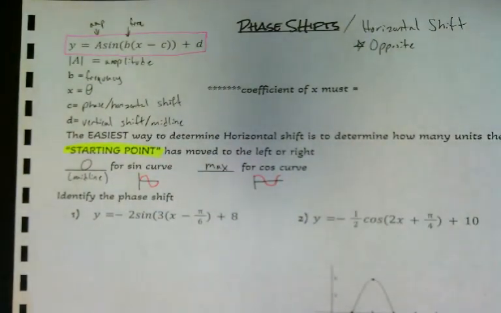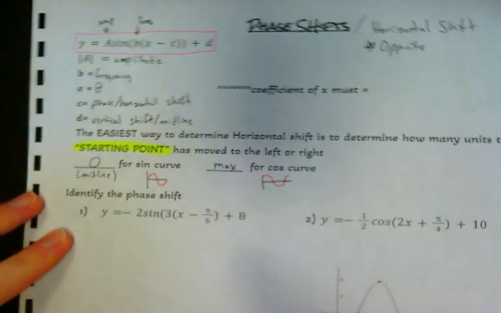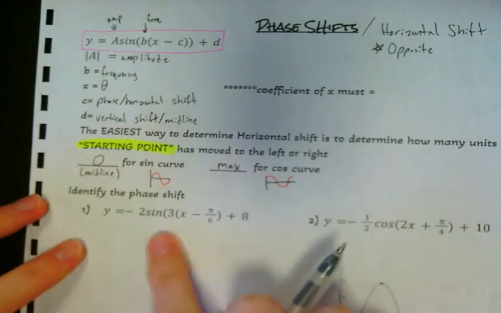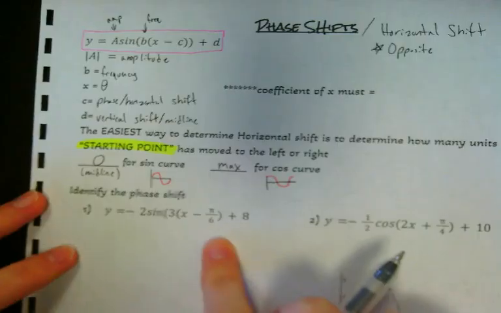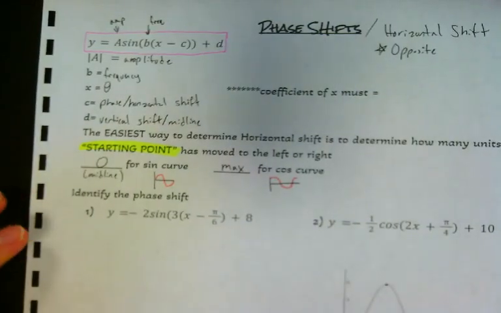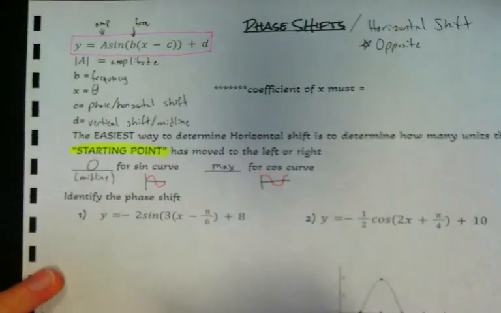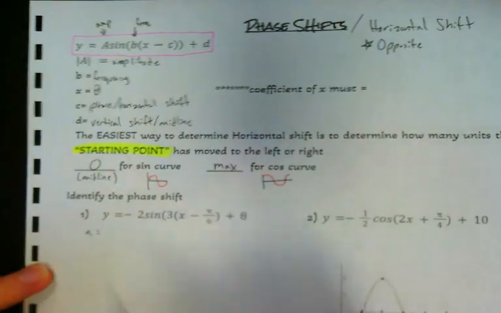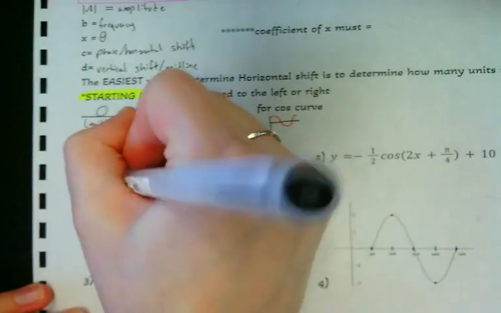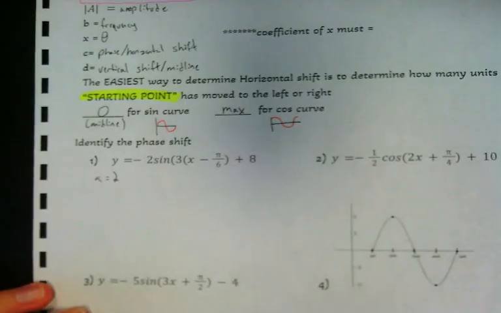Okay. So let's get into it. It just wants to identify the phase shift, so we don't need to graph anything here. It just gives us our general equation. Y equals -2 sine of 3 times x minus pi over 6, all plus 8. So there's a few easy things we can identify right off the bat. What's my amplitude here? What is my frequency?